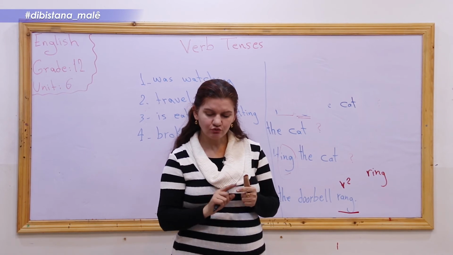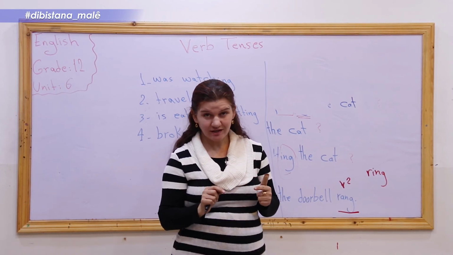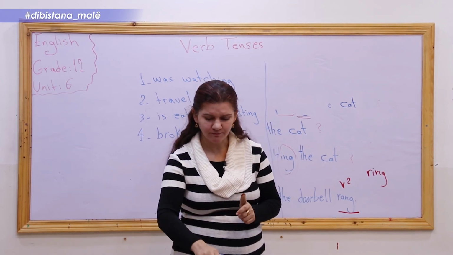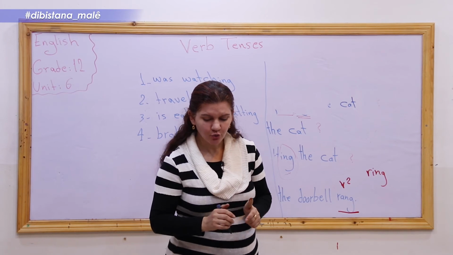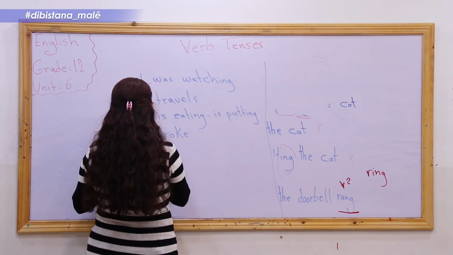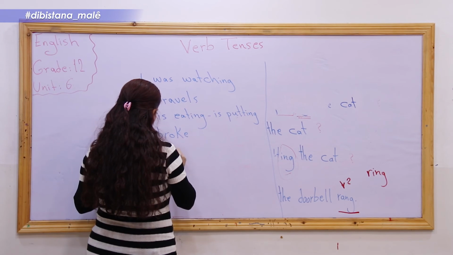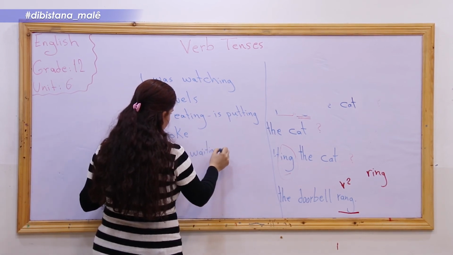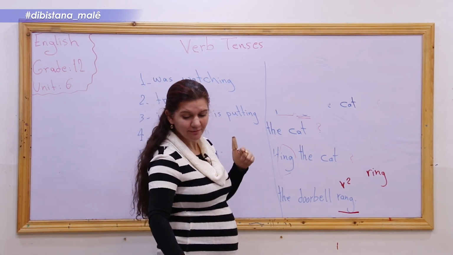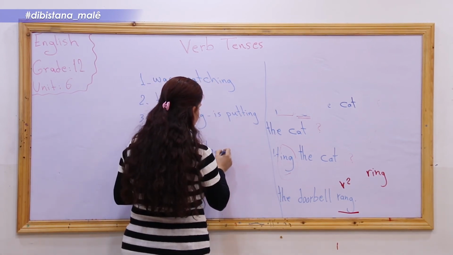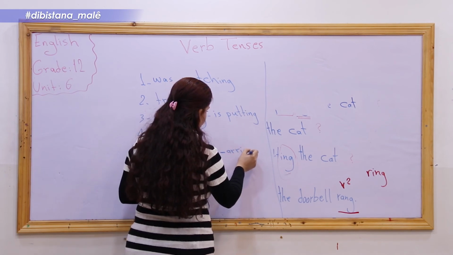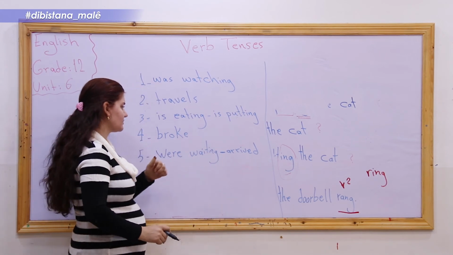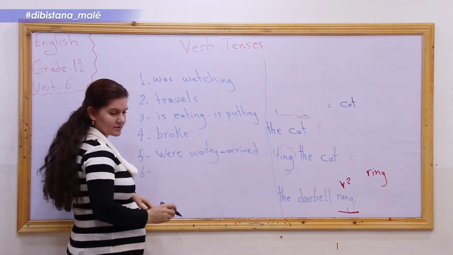Here we have simple past and past continuous. We were waiting when Ahmed arrived. Here we have verb 2, here we have past continuous. Past simple, past continuous. Number 6.